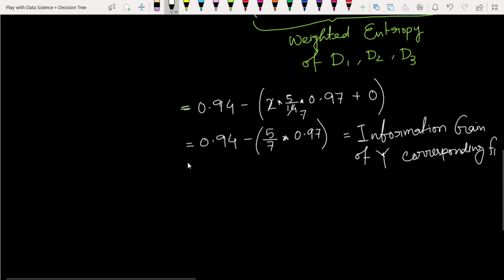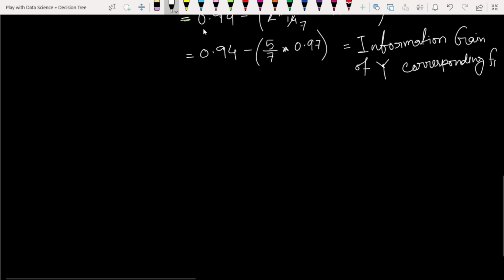First let's see this pictorially. We have the data D, which is the parent data.